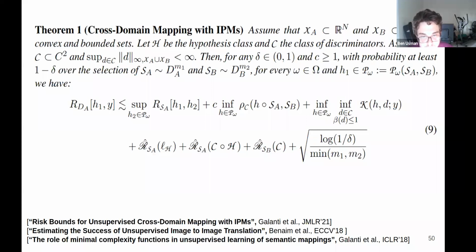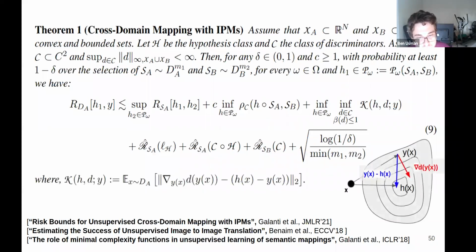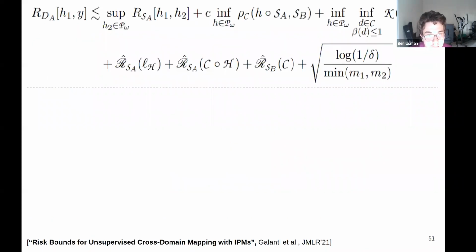In the next few minutes, I will show where they all come from. Getting back to the term K, it essentially shows the agreement between the discriminator gradients in red and the actual error of the original optimal translation function in blue. And it is low if the discriminator family is large enough and if there is a single correct solution y of x as in our setup.